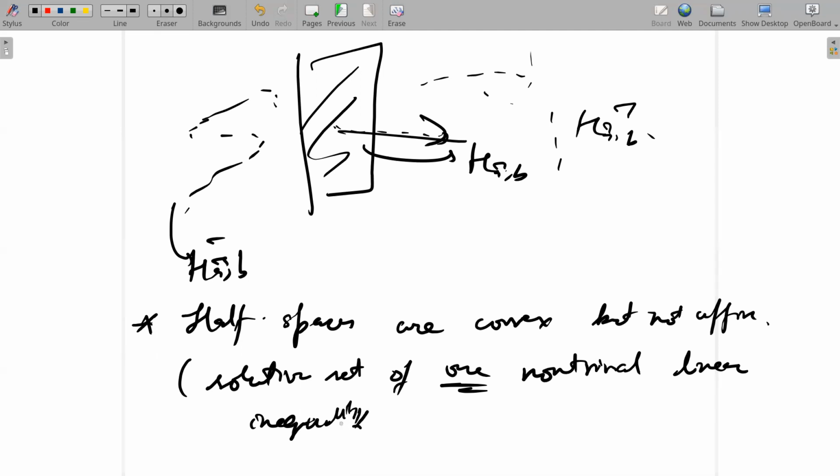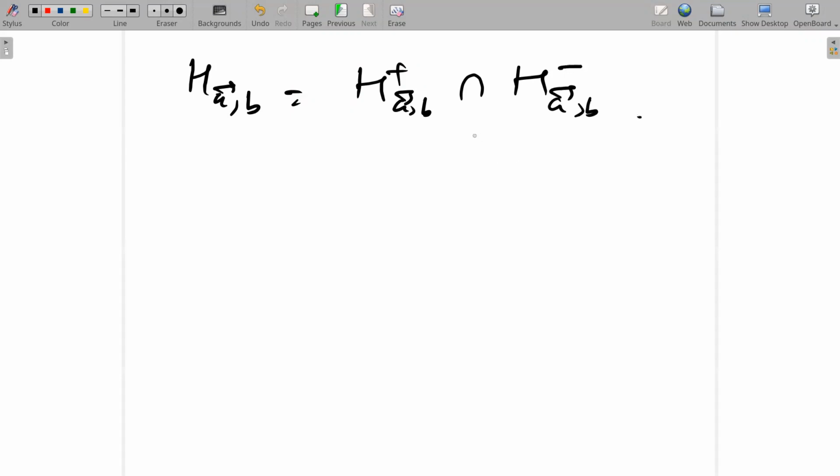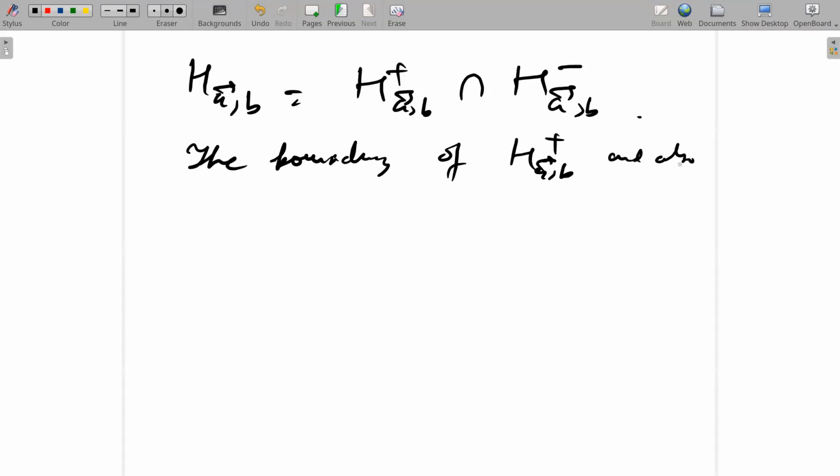for our convex sets. And again, let me just write out this hyperplane HAB is nothing but the intersection of these half spaces. So that forms the boundary line for each of these closed half spaces. The boundary of HAB plus and also of HAB minus is the hyperplane HAB.